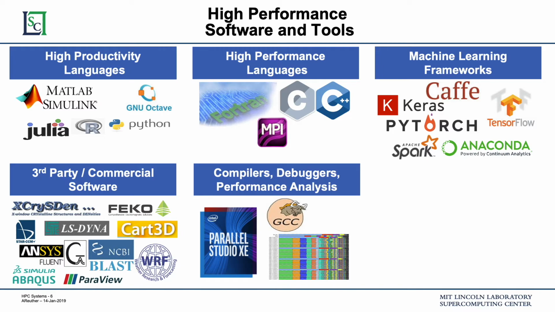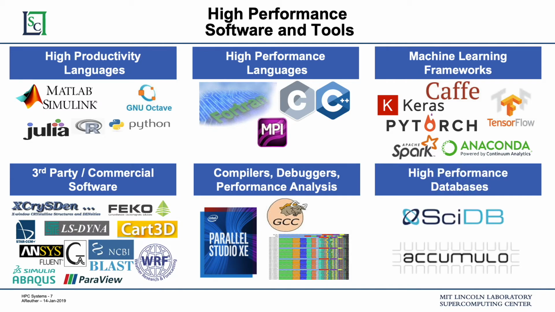Examples of these are computational fluid dynamics codes like Fluent, electromagnetic simulation codes like FEKO, material science analysis tools like XCrySDen, weather simulation software like WRF, which stands for Weather Research and Forecasting, and chromosome DNA alignment and matching tools like BLAST.